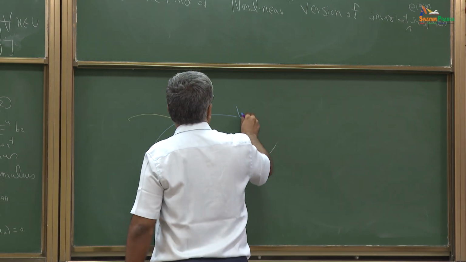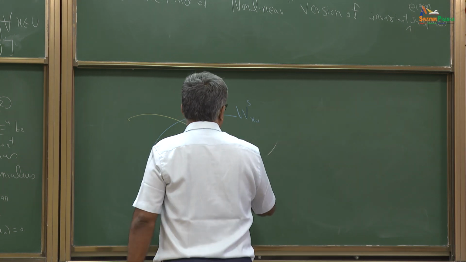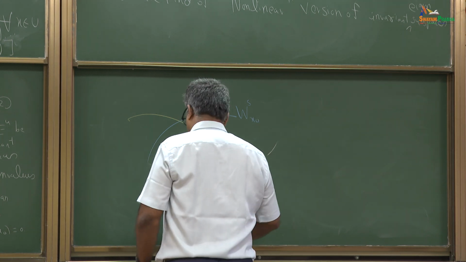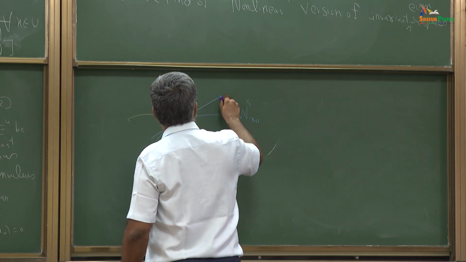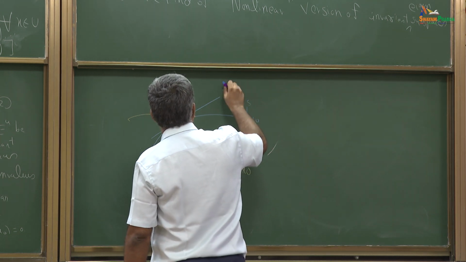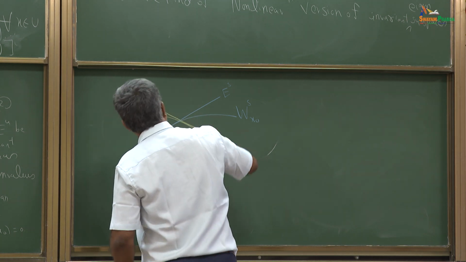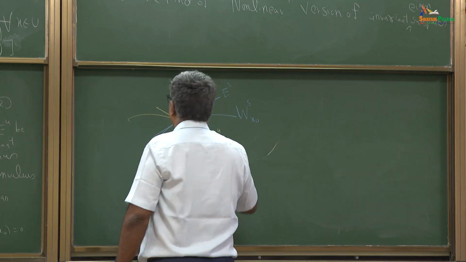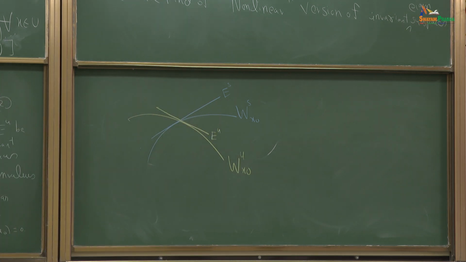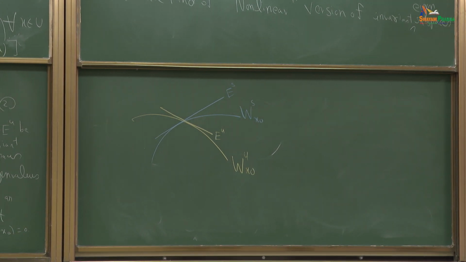So this is W s x naught, this is W u, and locally this will be E s. So E s and E u are tangent spaces to W s and W u locally.